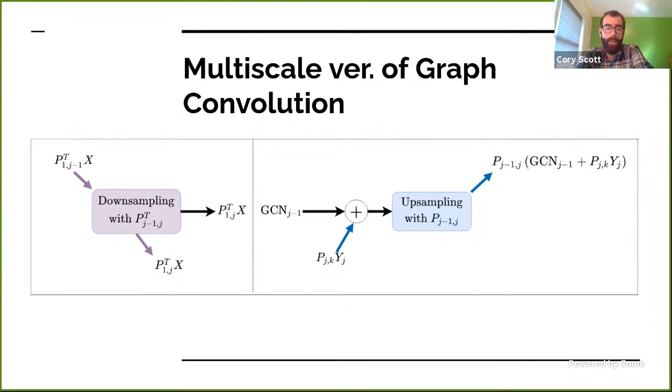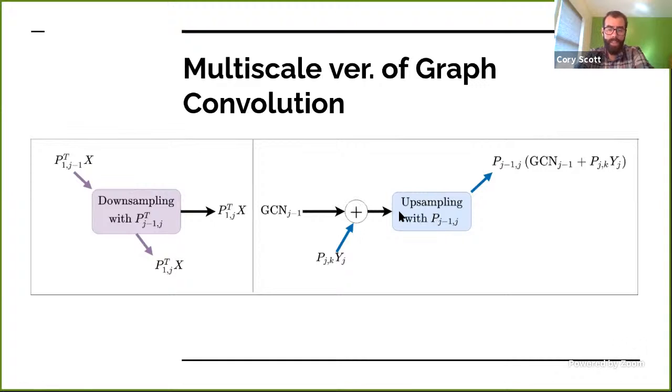We downsample it by multiplying it with a projection matrix, and then it gets fed into the machine learning model at that scale. And then, after the output, we have another model output that comes in from below. The output at the current level gets added, and then we again upsample by multiplying with p sub j minus 1.